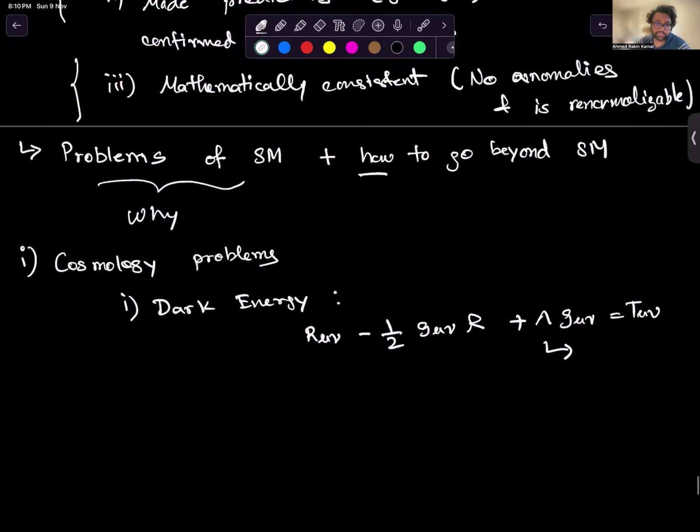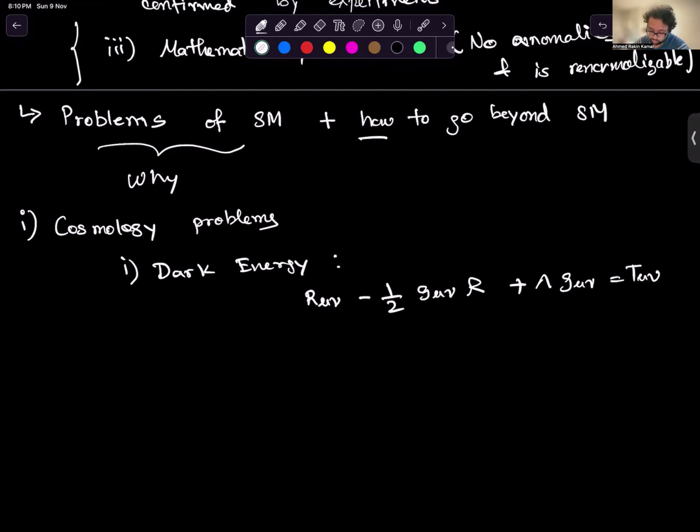And more interestingly, one can try to do a calculation where the QFT prediction, the standard model prediction, and our current observation of dark energy are off by 10 to the 120 orders of magnitude. That's a huge number, like 120 zeros after 10.